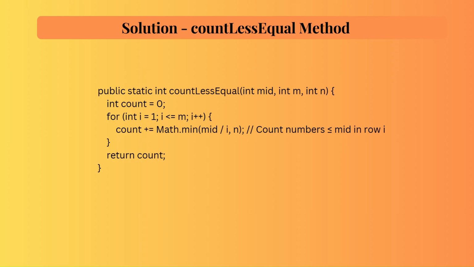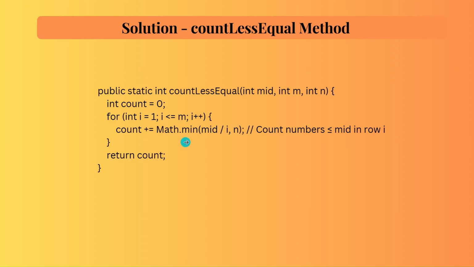So initially the left value is equal to 1 and the right value will be equal to m cross n, that is 99, and the mid value will be equal to 50. But there might not be 50 counts less than or equal to the value of mid, so we will be updating the value with min of mid by i, comma n, which means there might be at most n counts which are less than or equal to mid.